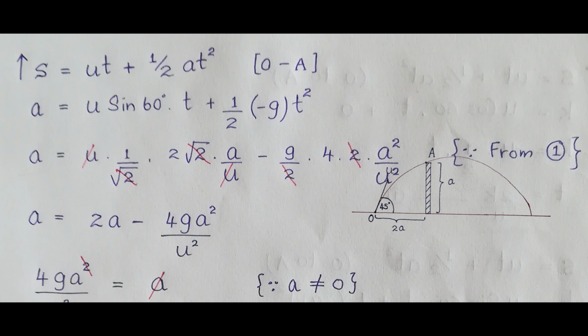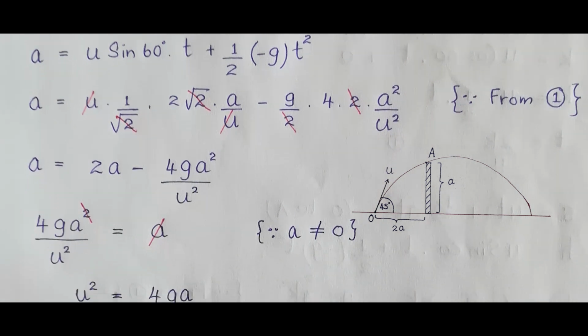Gravity is acting downwards, but here we are applying our equation upwards, so I have to substitute minus g into t squared. Then I can substitute 2 root 2 a over u instead of t. After simplification, I can get u squared equals 4ga.